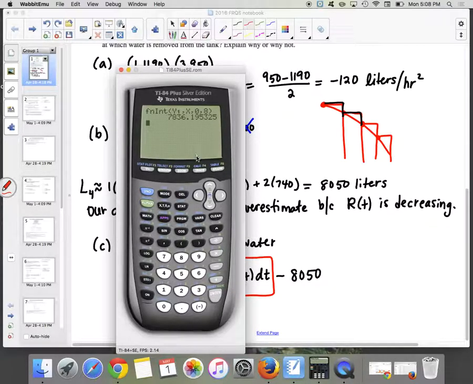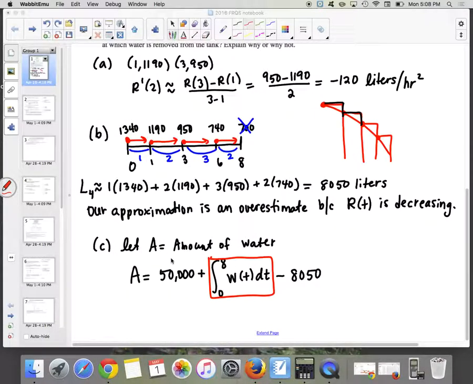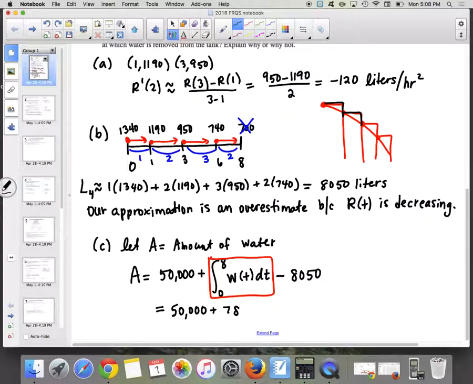Okay, so I get 7,836.195. And I put that together with my 50,000 minus my 8,050, and then I round at the very, very end. So I keep that number in my calculator.